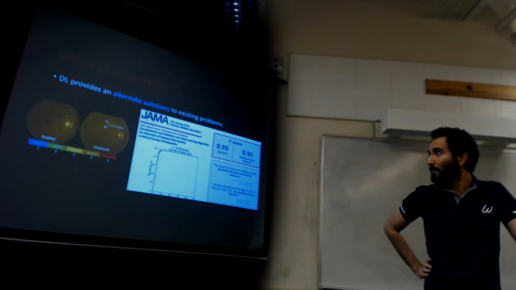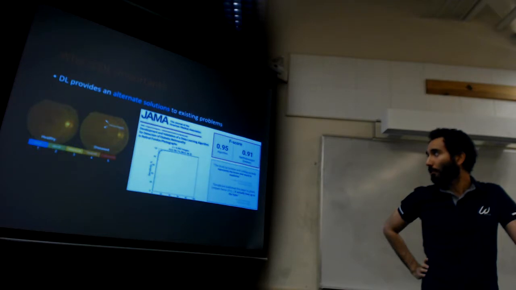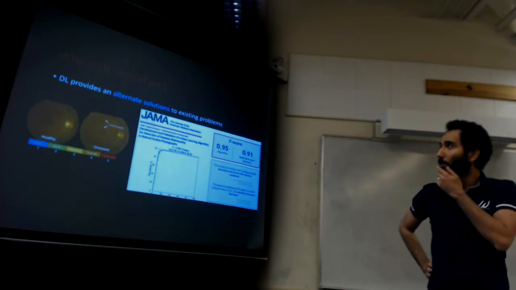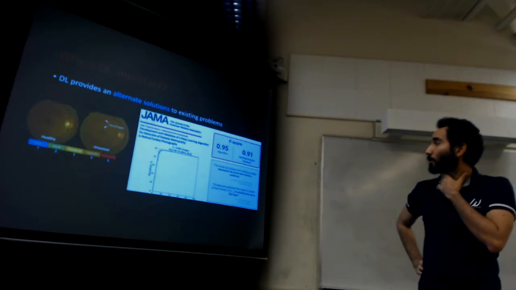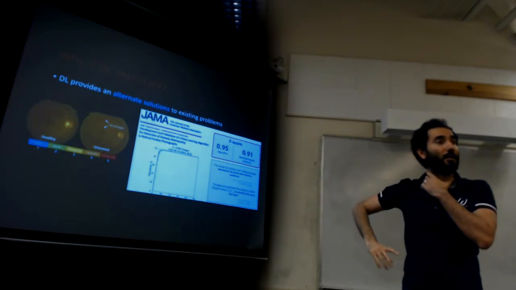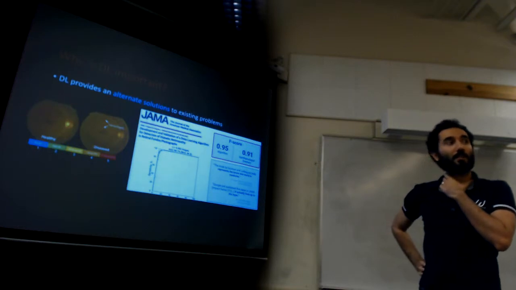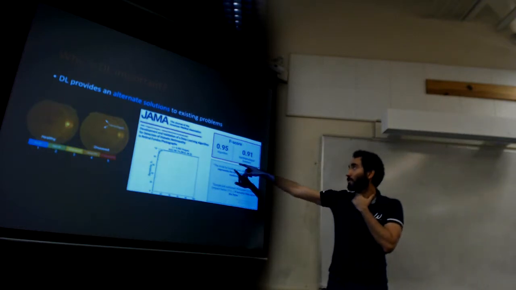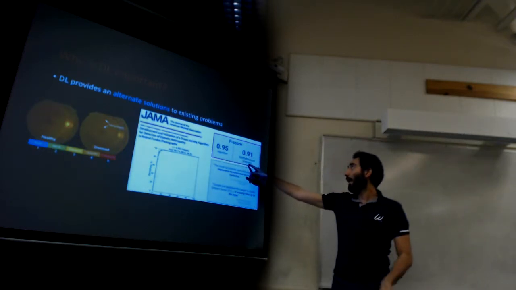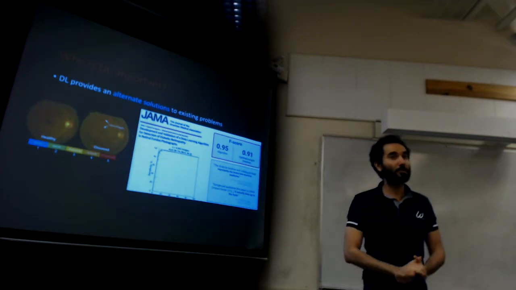And recently, Google and a few researchers from medical sciences got together and they created this algorithm that can now do the ophthalmologist job. And the interesting thing about it is that the accuracy is higher than an average ophthalmologist.